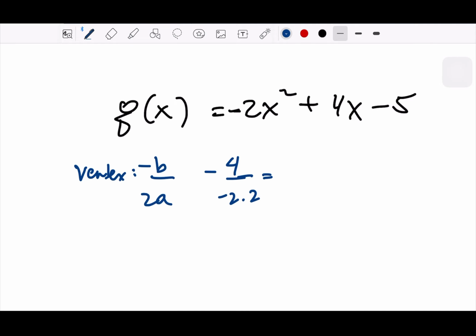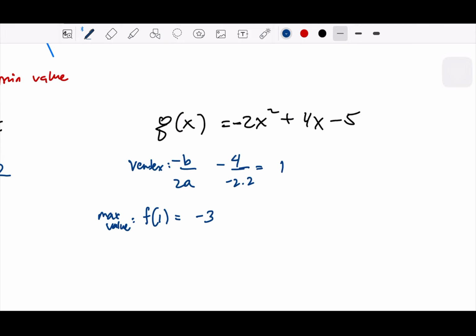So this will be 1. Okay, that is our vertex. So at g of 1, that will be our max value. So it's going to be negative 3.